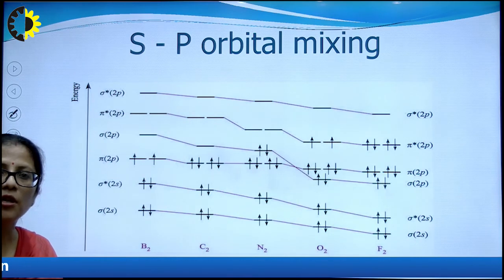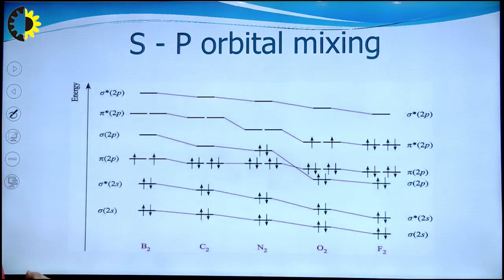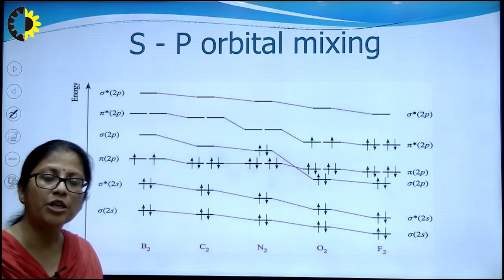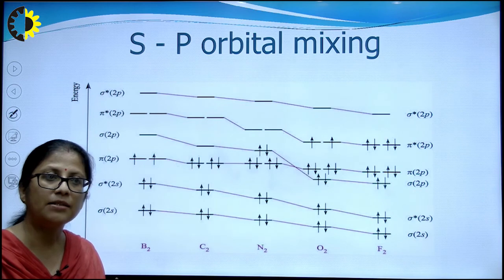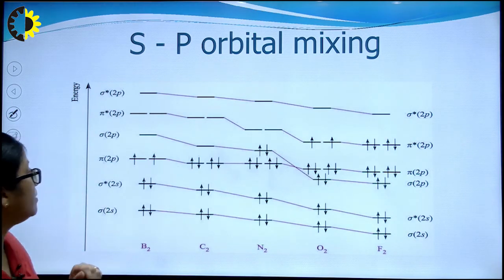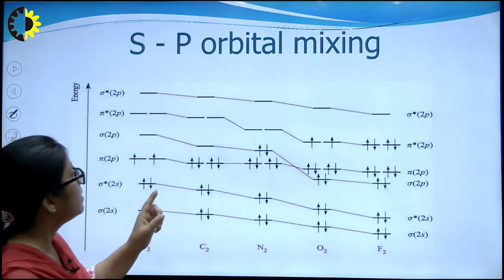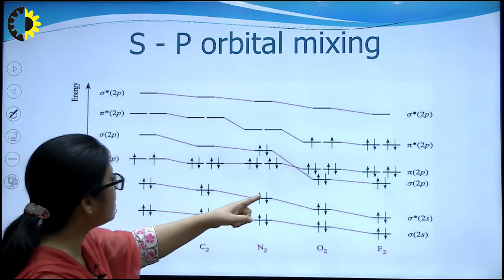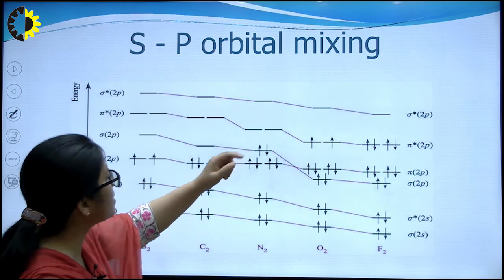number of electrons is less, there is less effective nuclear charge and there is interaction between the orbitals of the same type. That means there is interaction between sigma 2s and sigma 2p and sigma star 2s and sigma star 2p.